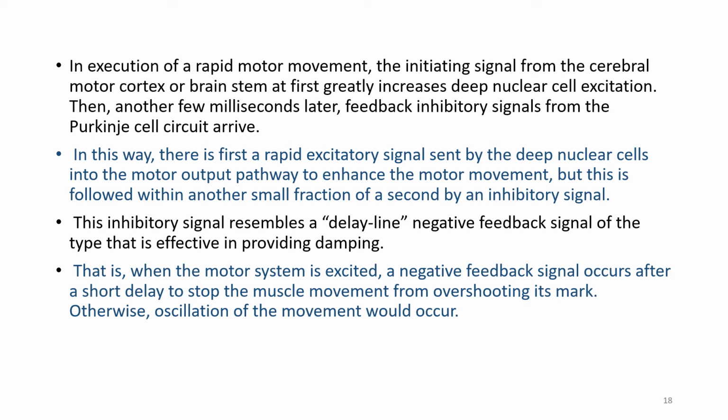But this is followed within another small fraction of a second by an inhibitory signal. This inhibitory signal resembles the delay line negative feedback signal that is effective in providing damping. That is, when the motor system is excited, a negative feedback signal occurs after a short delay to stop the muscle movement from overshooting its mark. Otherwise, oscillation of the movement would occur.